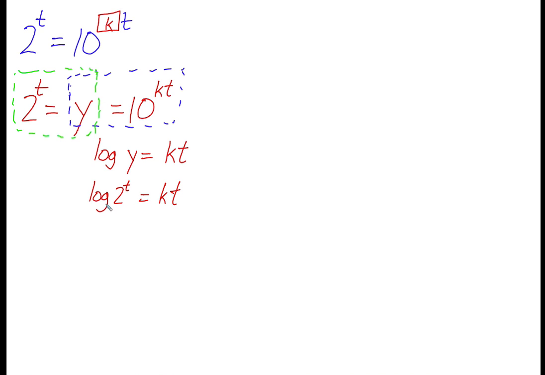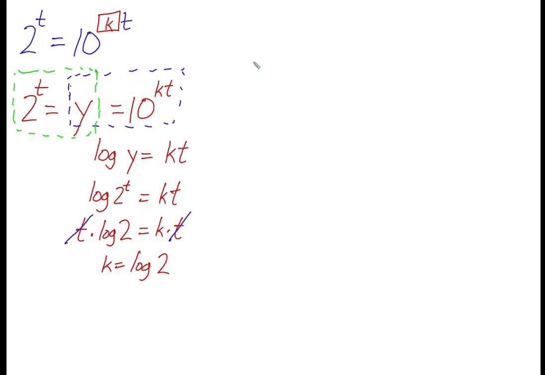Hey, we have a rule about this. If you're taking the logarithm of a number to a power, that exponent can come out front as a coefficient. t times the log base 10 of 2 is equal to k times t. There's a t on both sides of this. Let's cancel it out. Let's divide both sides by t. And we've found out what k is. k has to be the log base 10 of 2.